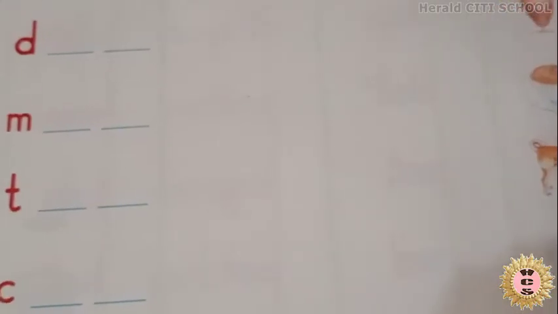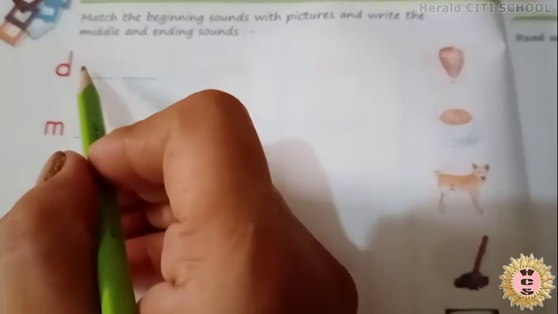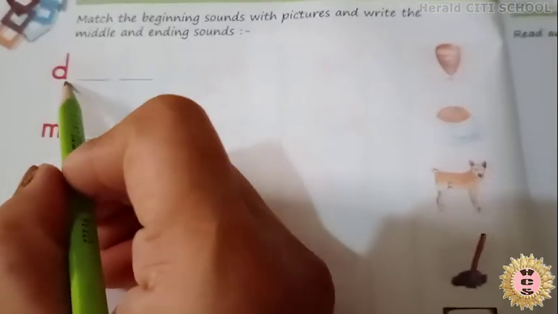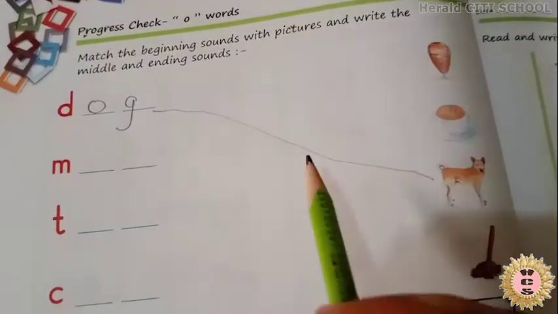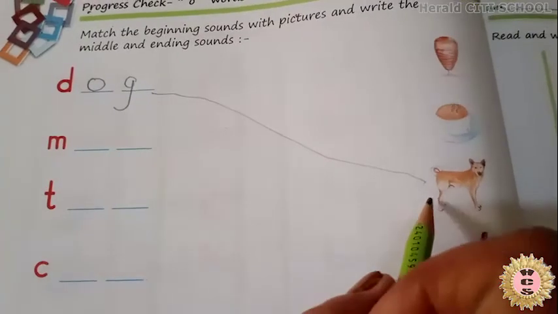And now you will write the middle and ending sound of dog. D-O-G, dog. And now you will match the word of dog to dog. You will do this page like this with the guidance of your parents.